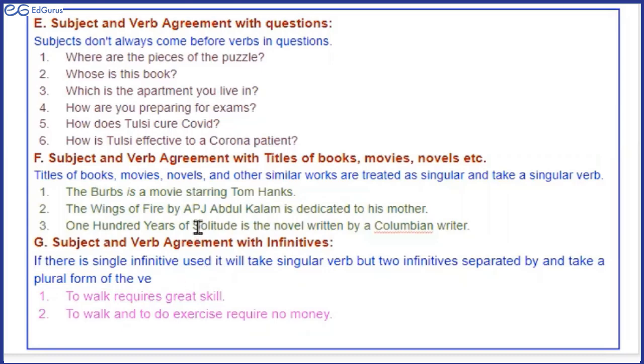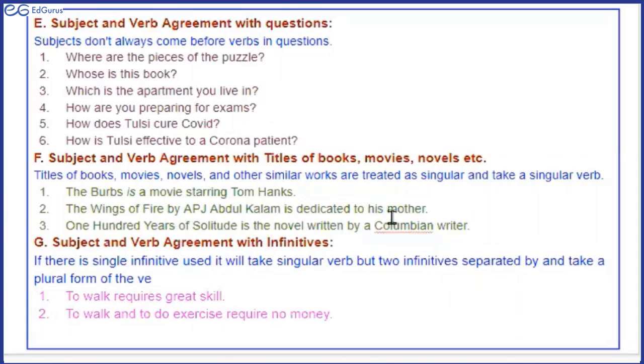The Wings of Fire by APJ Abdul Kalam is dedicated to his mother. Wings is plural, but the wings have nothing to do here. The Wings of Fire is the name of the book, the title of the book, which is singular.